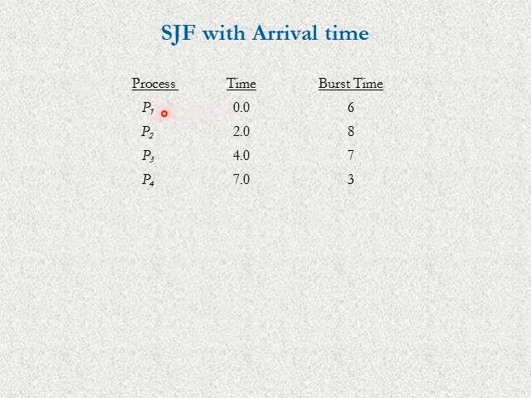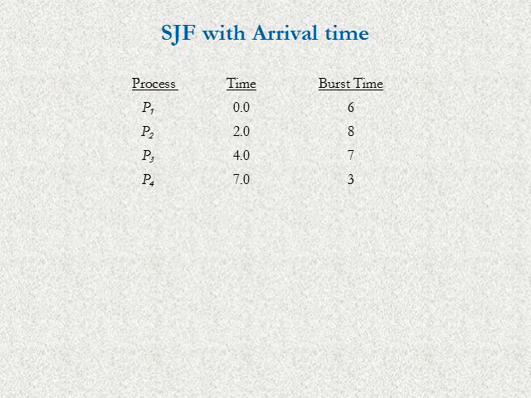So P1 will be given to the processor for its execution. As this is a non-preemptive algorithm, we will only look at the situation once it completes its execution. So we will again look at the ready queue at time interval 6, once P1 completes its execution.